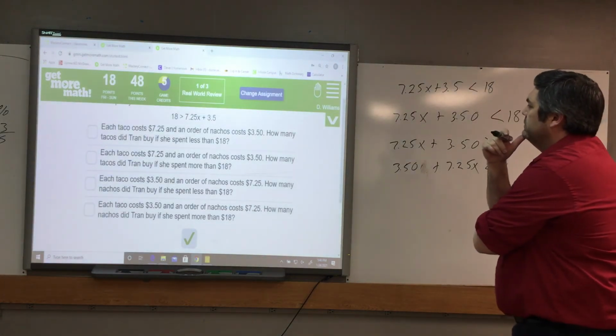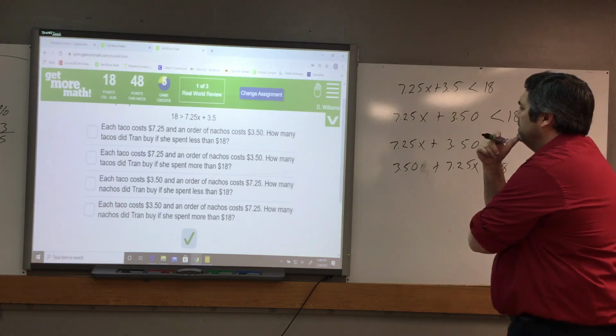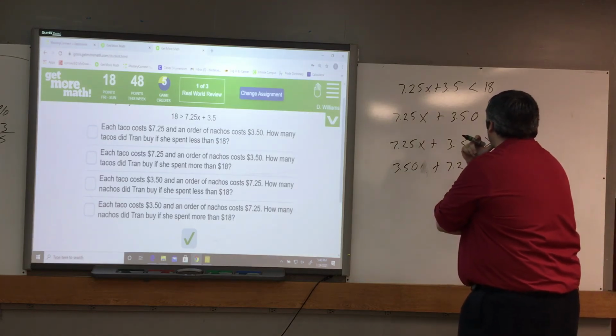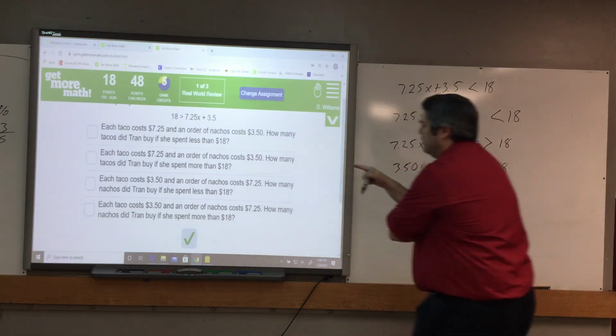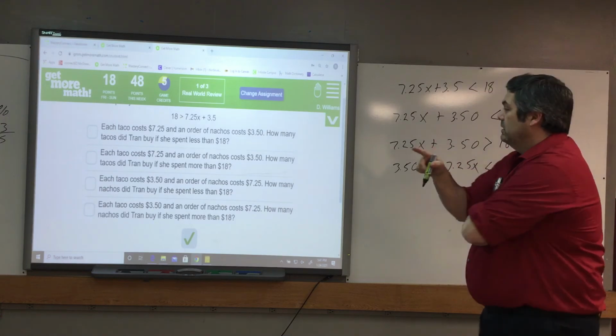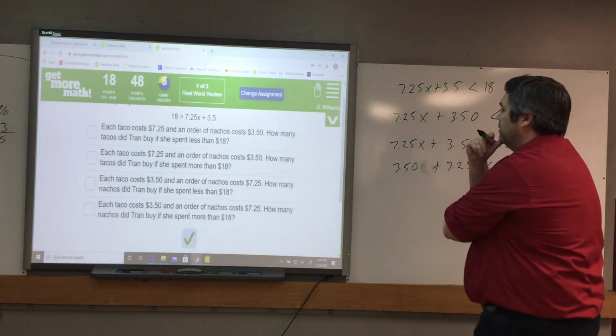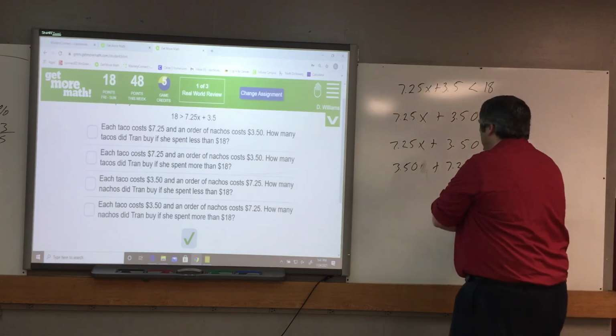Each taco costs $7.25. An order of nachos costs $3.50. How many tacos did Tran buy if she spent less than $18? Each taco costs $3.50. See, this is the problem. And an order of nachos.